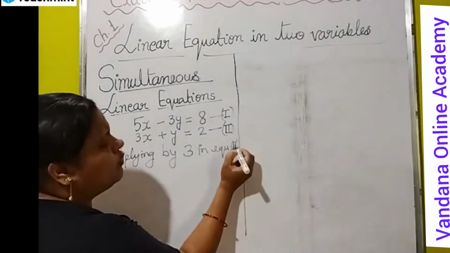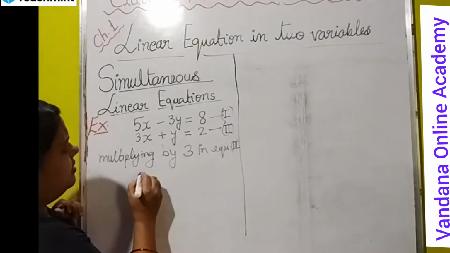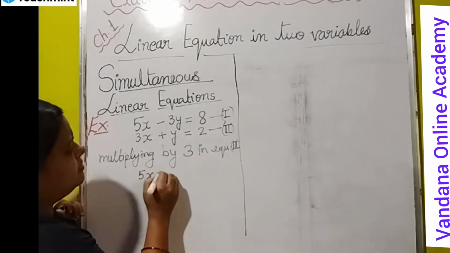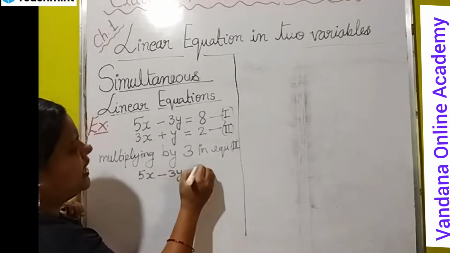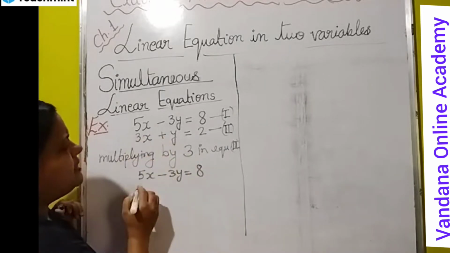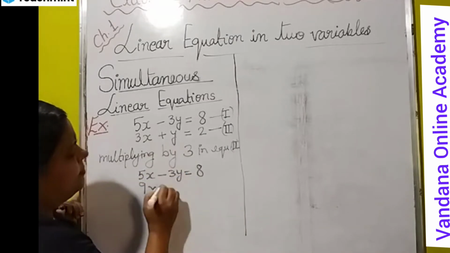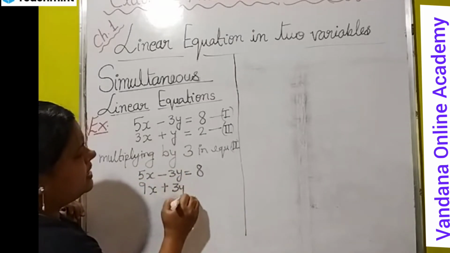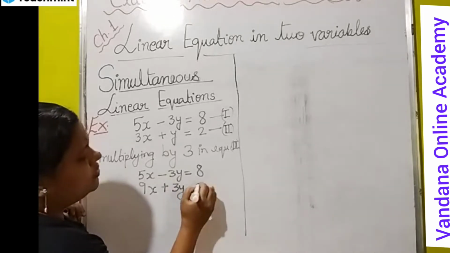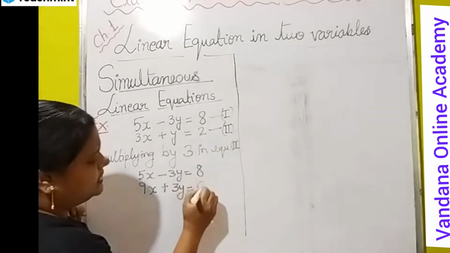So what do we get? We get 5x minus 3y equals 8. And after multiplying by 3, we get 3 3s are 9x plus 3y equals 3 2s are 6.